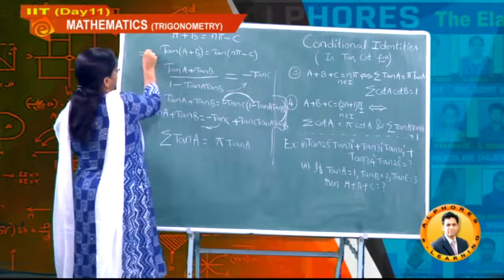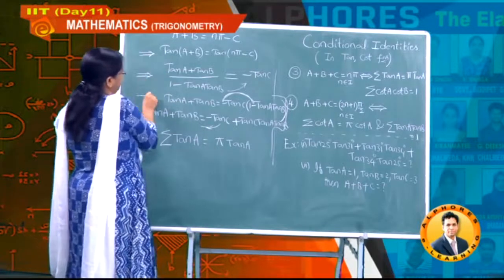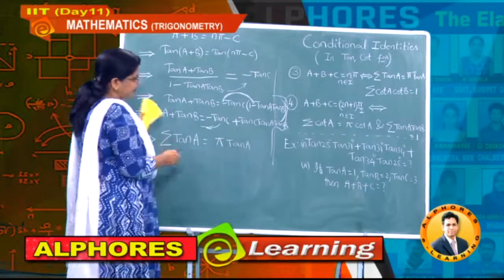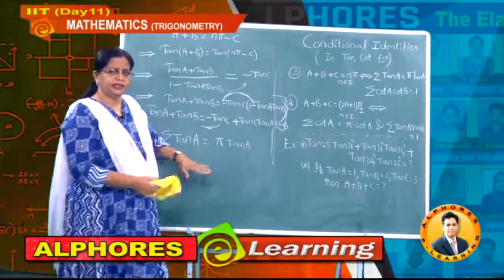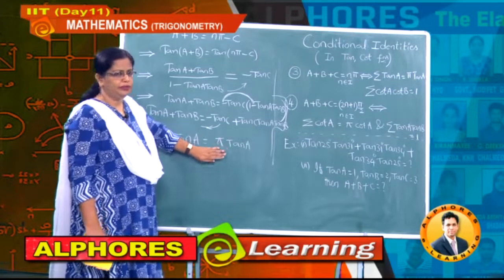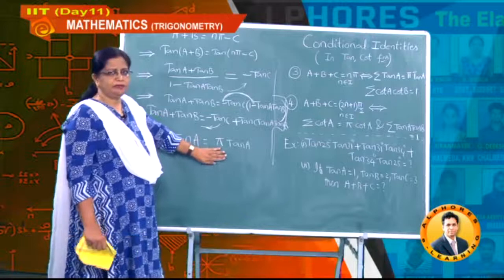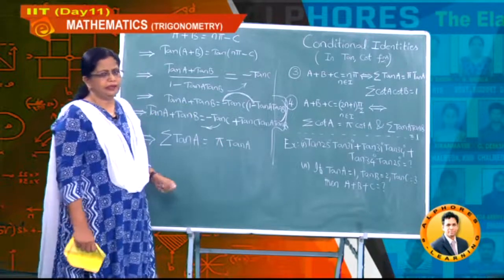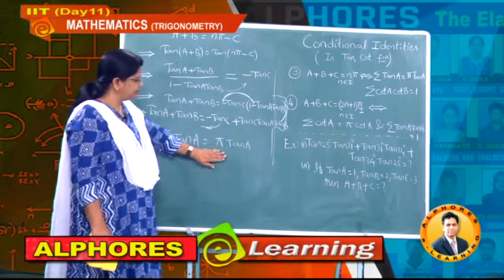Implied by means coming from the last step. So this is the given condition. Under this condition, you can prove that a plus b plus c, the sum of 3 angles, is nothing but n pi. Understand. So now let us come from the end.